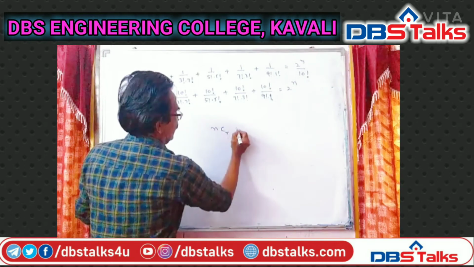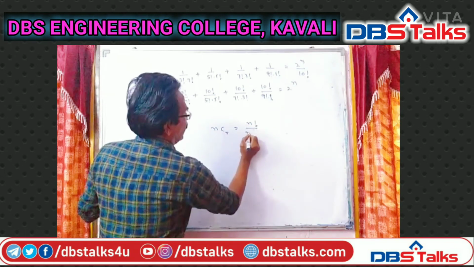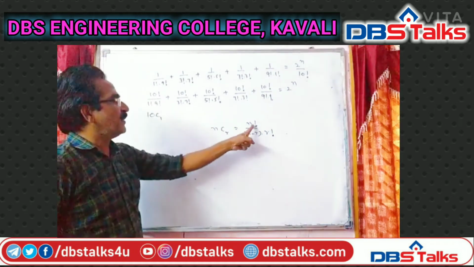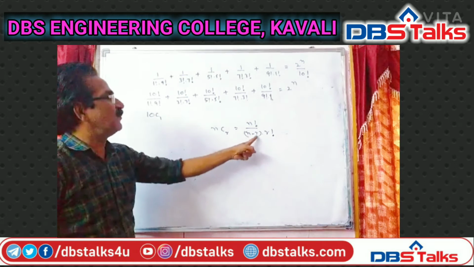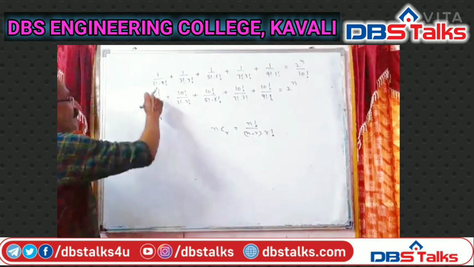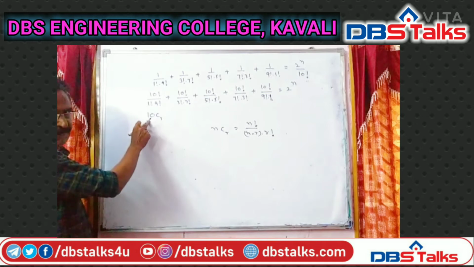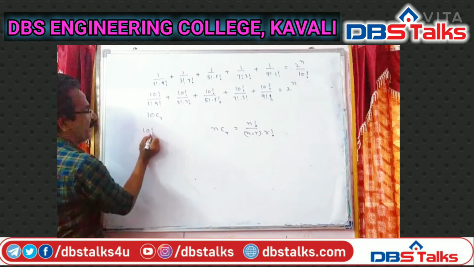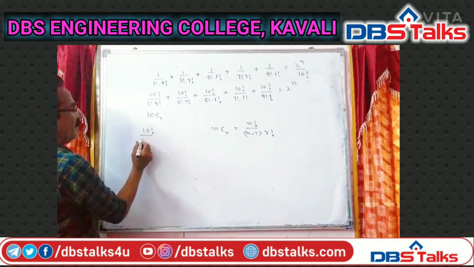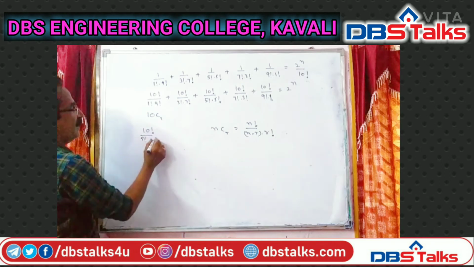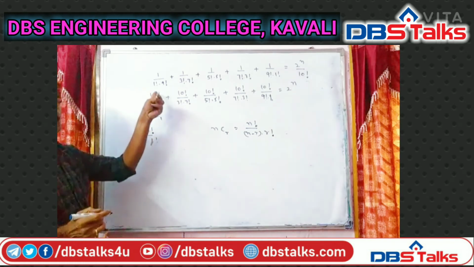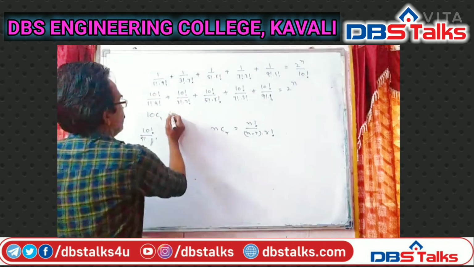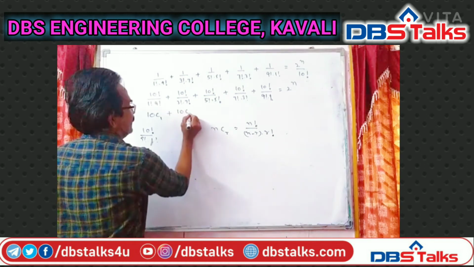So this can be written as 10C1: 10 factorial by 9 factorial into 1 factorial. So this expression is equal to 10C1. Friends, this is 10C3, right?